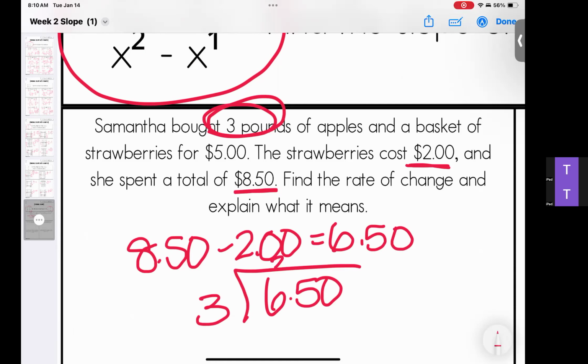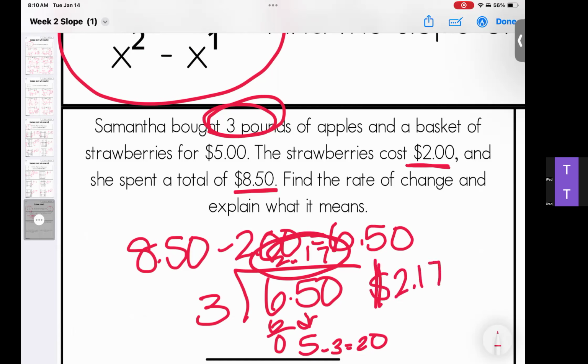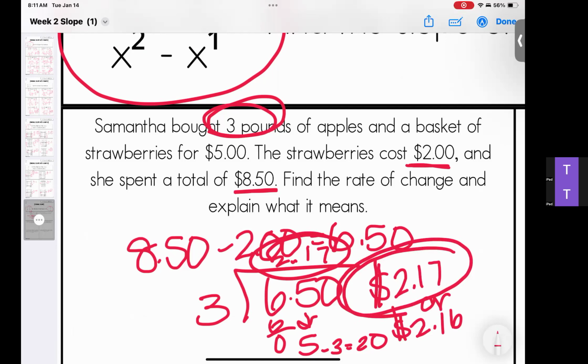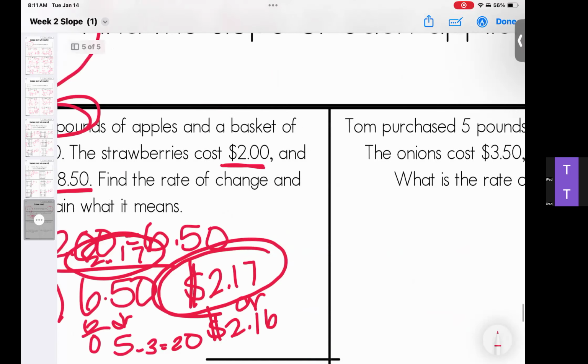And we get, it's going to go in one time. So we're going to say about rounded up would be about $2.17 a pound. If you got $2.16 because you didn't round, that's okay. But this is going to be our rate of change because if I change the amount of apples, it's going to change the cost overall.